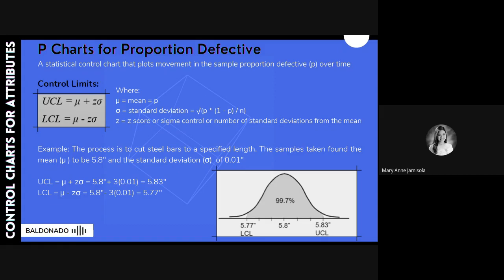So here, since this is a P chart and this is under the control chart for attributes, again, remember that for attributes, it's either acceptable or not acceptable. Therefore, if it is beyond the upper control limit or below the lower control limit, this is out of control. That means this is not acceptable. If it is within our control, that means that this is acceptable, right?